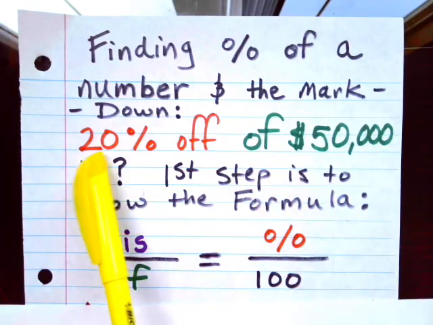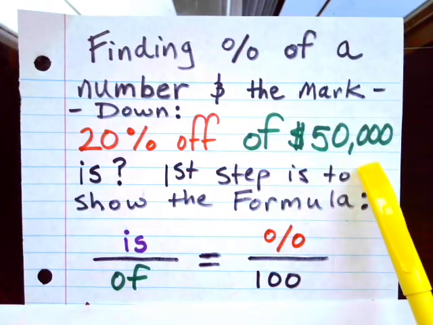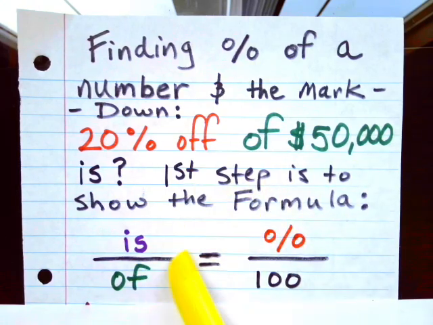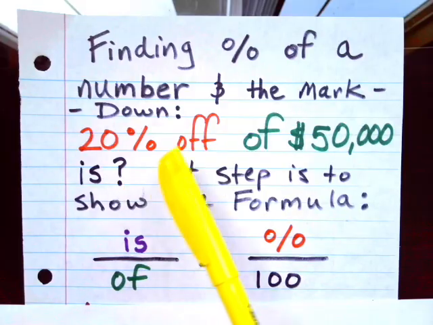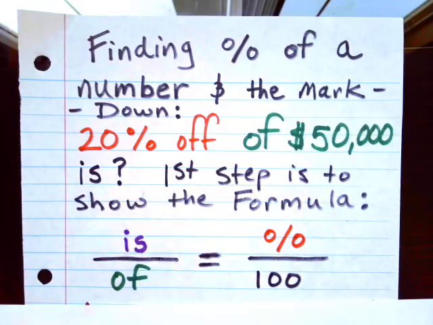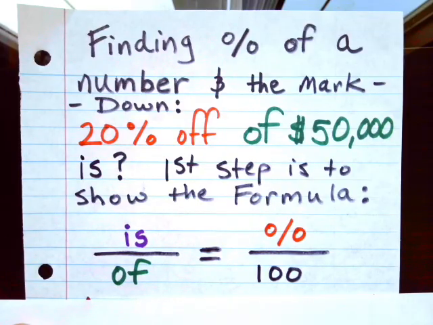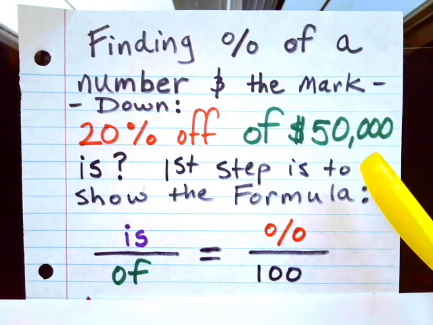This is just an example. I wanted to use these values in substituting down here into the formula. So what's 20% off of $50,000? This is just an example. Other than a skill review, it has very little to do with the actual test question.